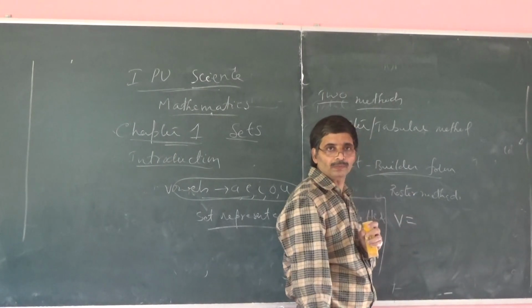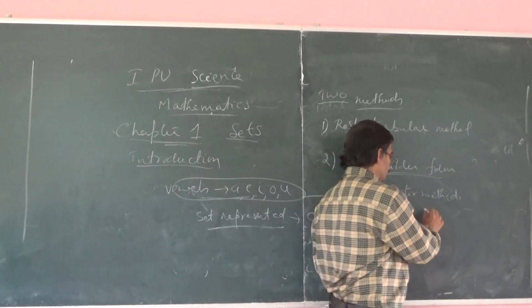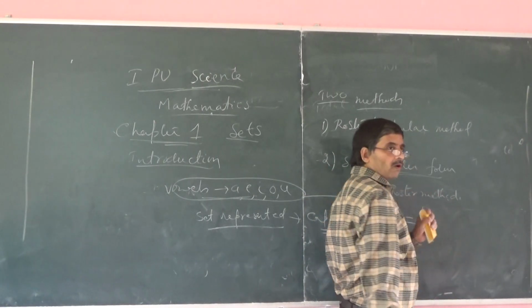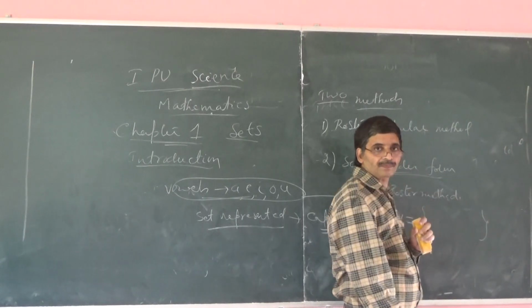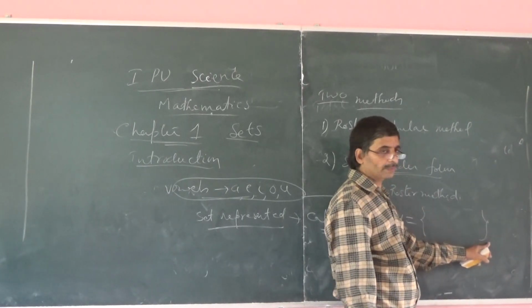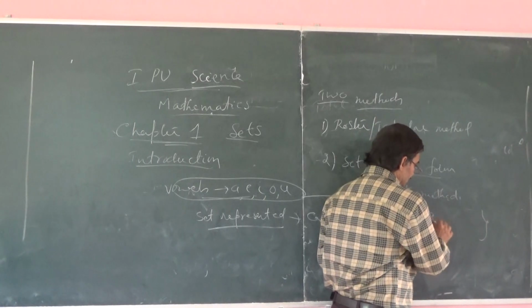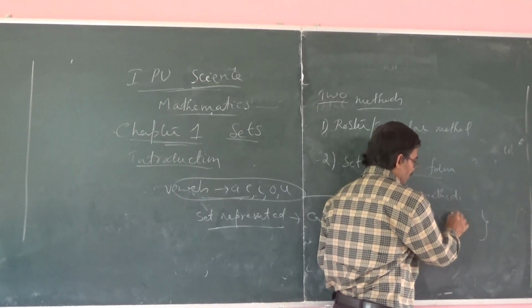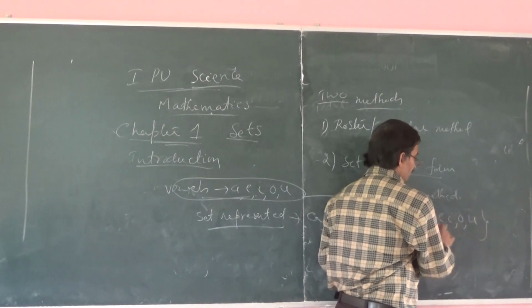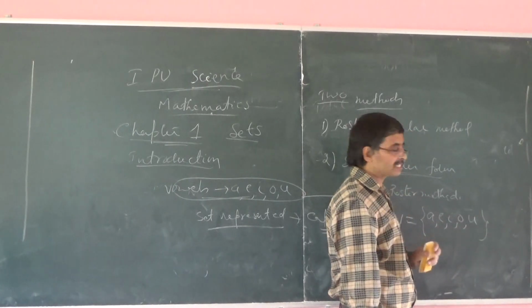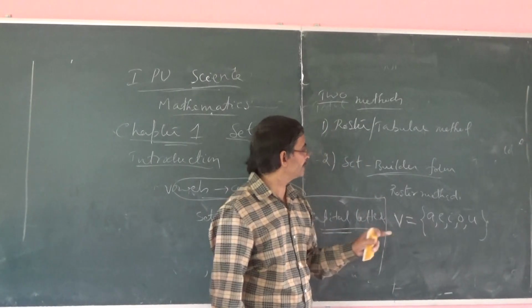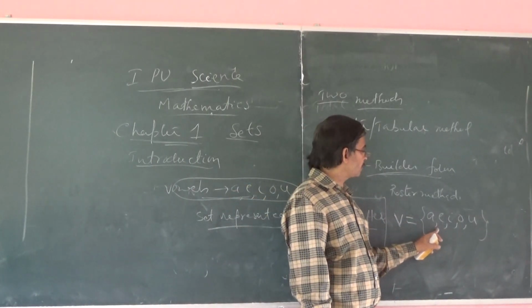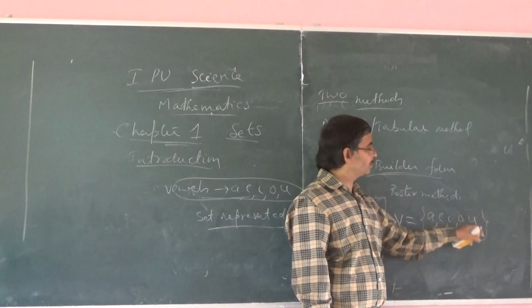I write all the elements within braces, opening brace, closing brace, and these individual elements I write within these braces separated by commas. So I am giving A, comma E, comma I, O, U.